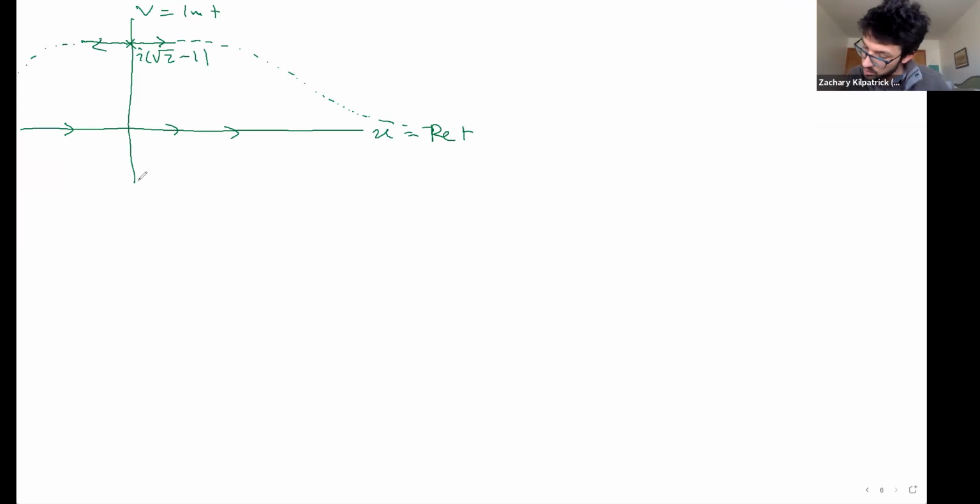And just for fun, let's look down here. There's a point minus i down here, and then on the other side of it is this point t minus, which is equal to minus i square root of 2 plus 1. I'll talk about that point later, but it turns out we can ignore that point and just involve this point here. Okay.